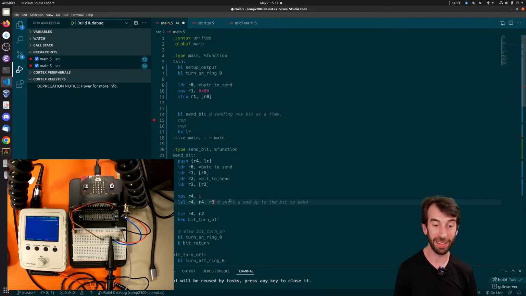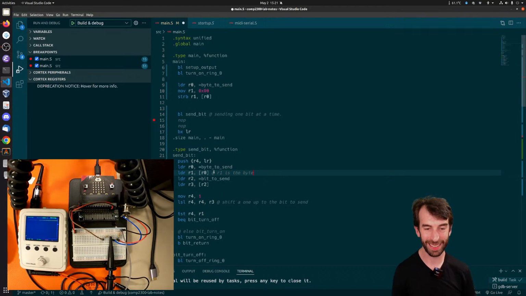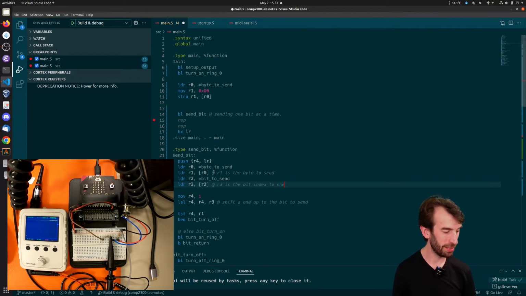R3 is supposed to be there, so good point. And that's supposed to be R1. Okay, R1 is the byte to send, and R3 is the bit index to send.